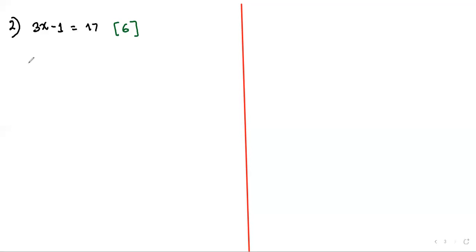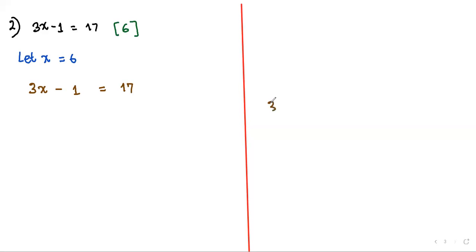Let's find out. Let x be 6. Yes, it's the 6 that we have. So now, if we have 3x minus 1 is equal to 17, what does this mean?